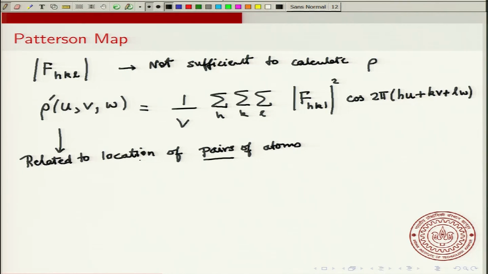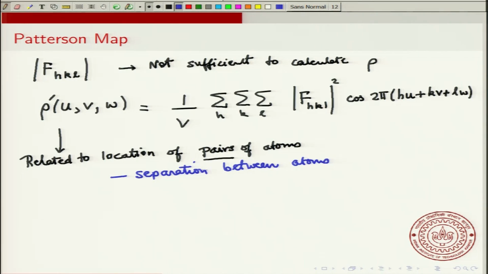So basically the peak corresponds to a distance at which you find two atoms, some separation between atoms. And then using some reference or some fixed atom, you can actually determine the entire crystal structure.